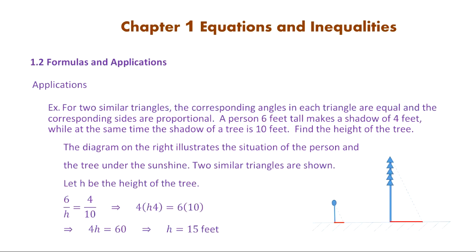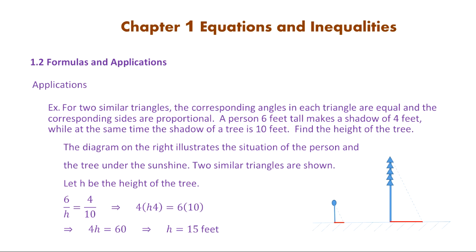So that means when you have two similar triangles, you can always enlarge the smaller one to get the larger one, or you can squeeze the larger one to get the small one. All right. So for two similar triangles, the corresponding angles in each triangle are equal, and the corresponding sides are proportional. So that's what it means.